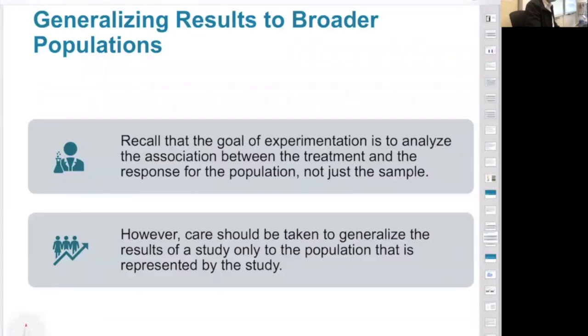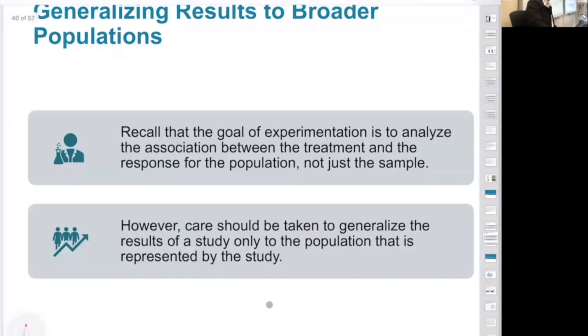Of course, after you do the experiment and you find the association between the treatment and the response variable, you should generalize your results or findings to the entire population. You usually see something like that when they discover a new treatment for something. We hope we can find a vaccine for COVID-19. So they will take a sample from the people to see the effectiveness of the COVID-19 immunization.